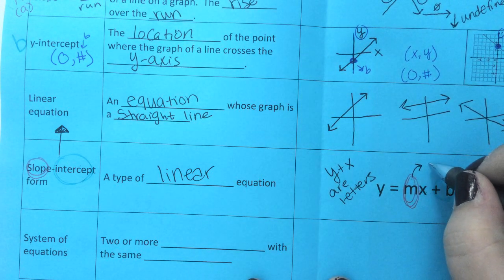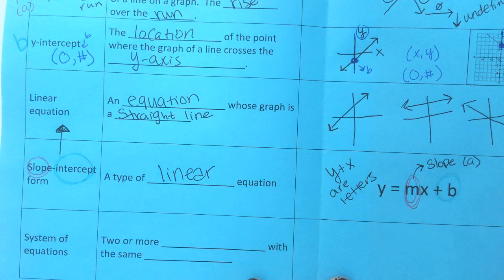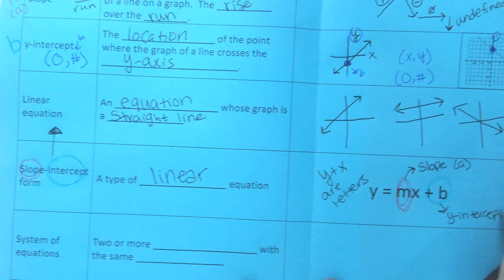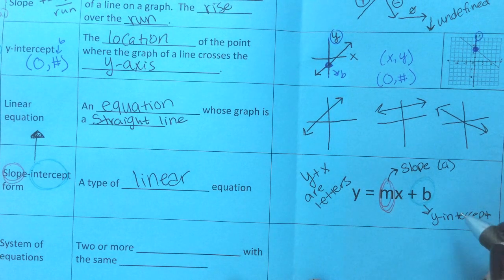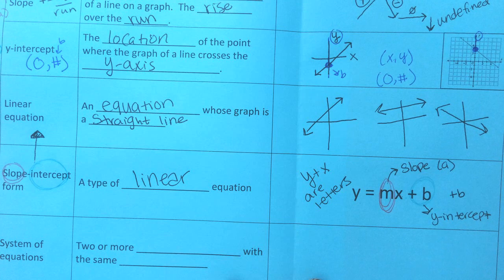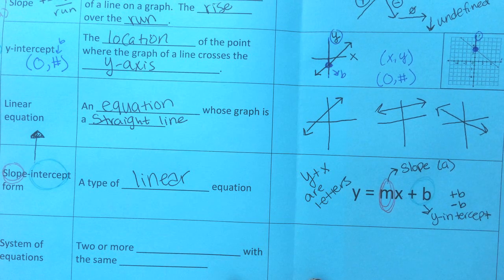M tells you the slope. You can also use A. And B tells you the y-intercept. If you have a plus B, then the y-intercept was positive. If you have a negative B, then the y-intercept was negative.